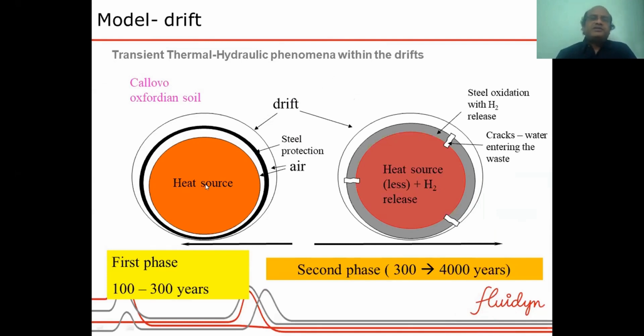So what happens is that the rock or soil is saturated. Then the heat from the source can cause evaporation of the water. Then there could be water seepage onto the steel protection, and the steel can get corroded, and the corrosion of steel can produce hydrogen.